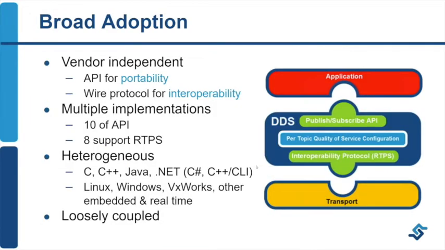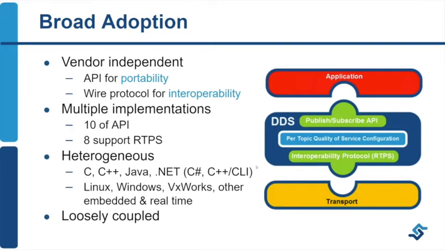And you have a lot of implementations out there. You have about 10 important implementations, and with so many implementations, you have many languages supported: C, C++, Java, .NET, and many platforms.